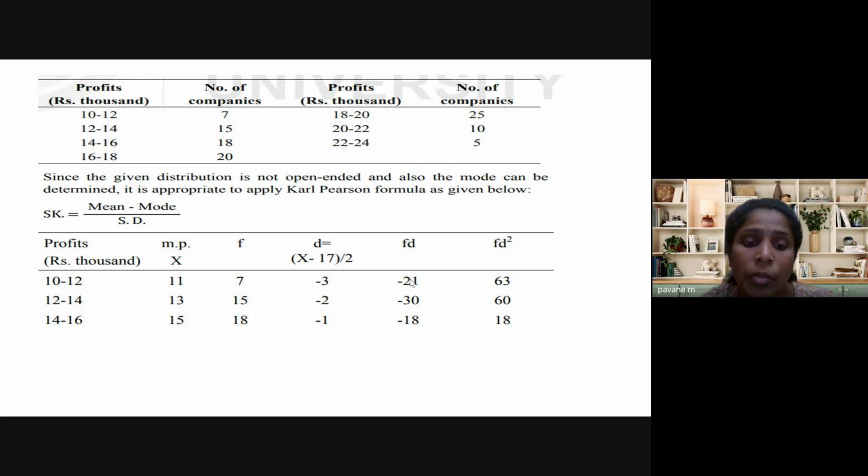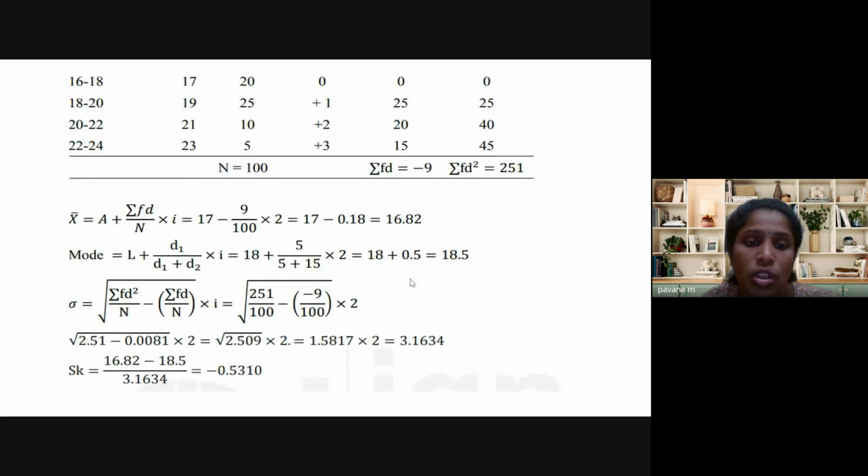If you sum up all the frequency values, 7 plus 15 plus 18 plus 20 plus 25 plus 10 plus 5, the total number of observations is 100. So n is equal to 100.